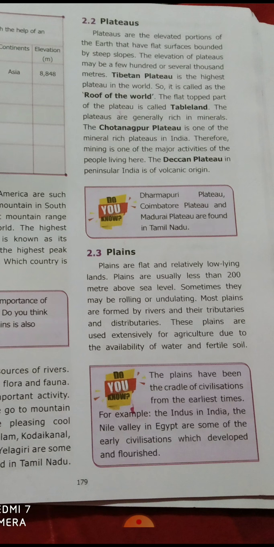It is called the roof of the world. So which one is called the roof of the world? Tibetan Plateau. The flat topped part of the plateau is the tableland. The flat topped part is called a tableland.